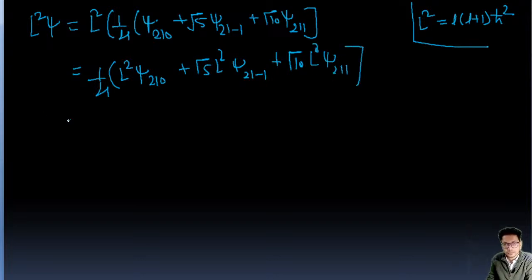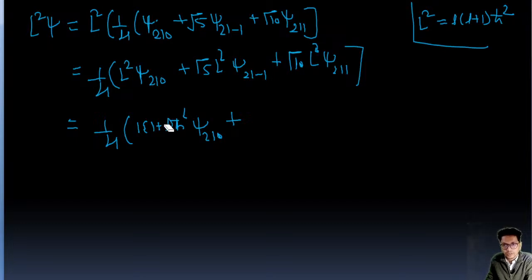So we will put the value, this is L into L plus 1 into H cut square, so L is 1 here, so 1 into 1 plus 1 H cut square psi 210 plus, L value is also 1, so root 5 into 1 into 1 plus 1 H cut square psi 21 minus 1.